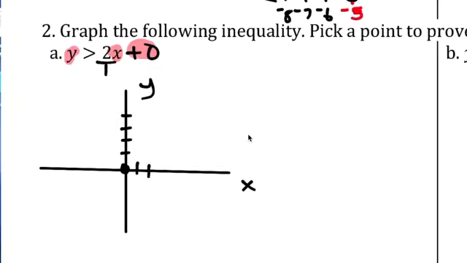I'm going to put in the numbers so that you guys can see.